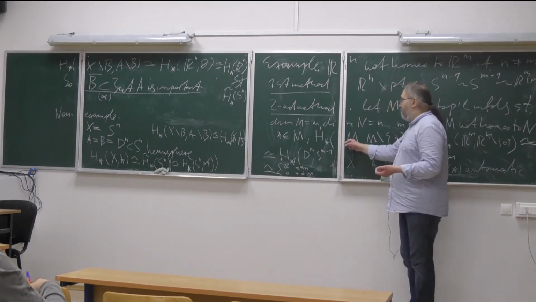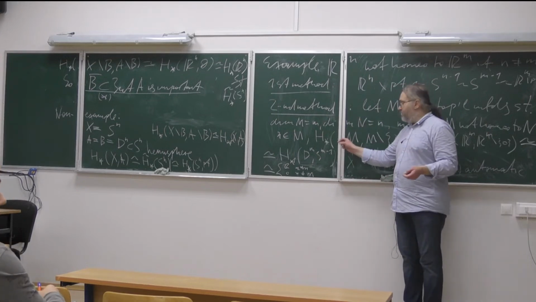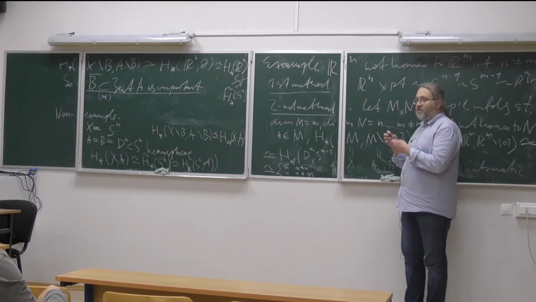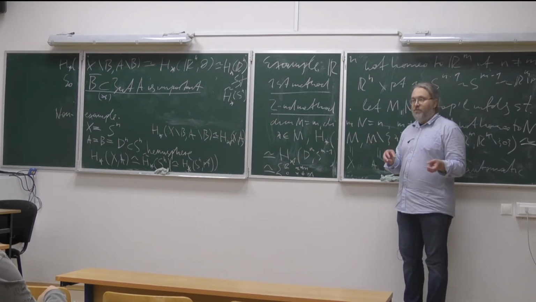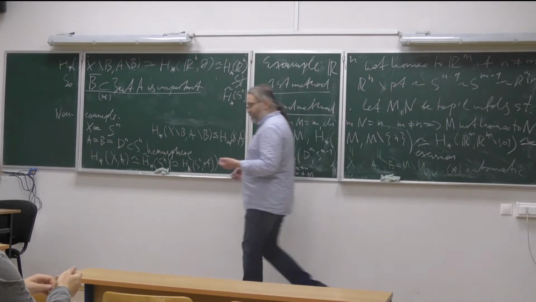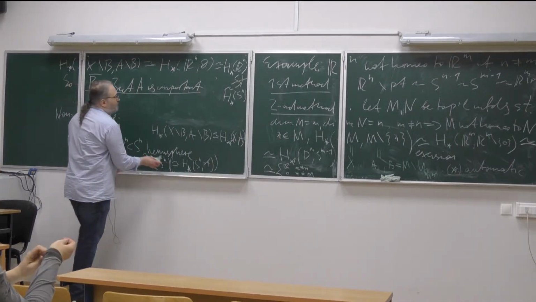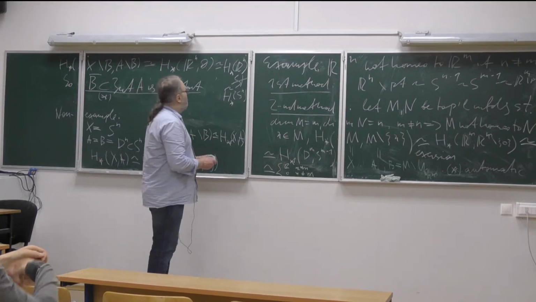In this example, the homology of M is complicated, the homology of M minus x is complicated, but the relative homology is easy.